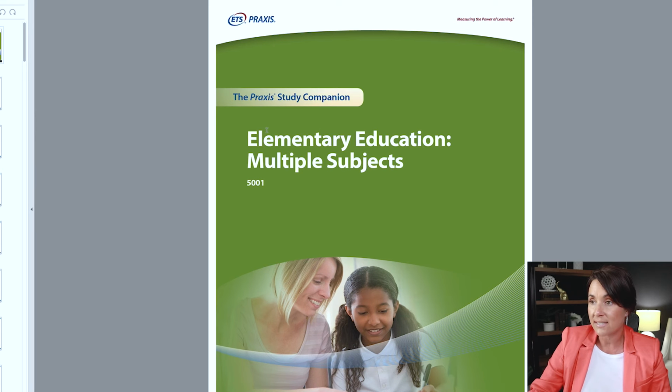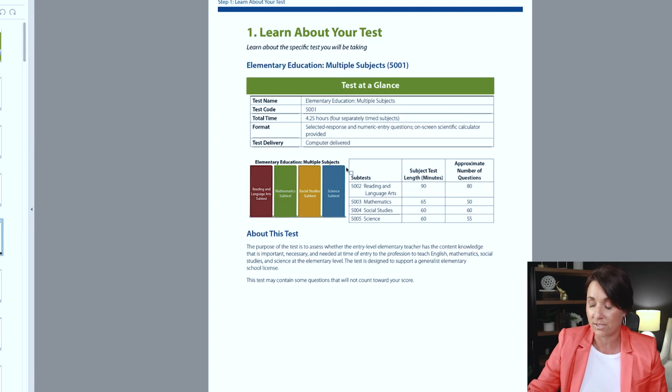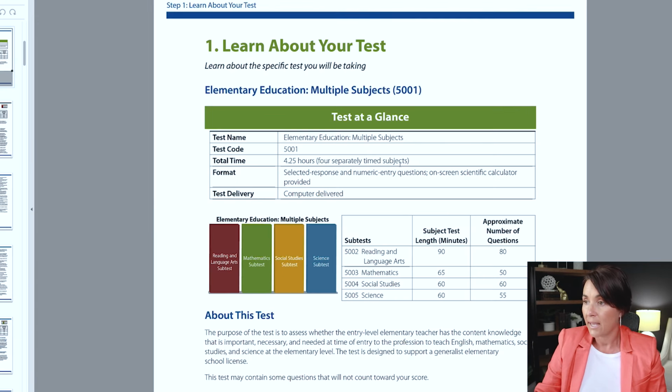So you can see that this is the Praxis Study Companion. 5001 means the entire test, the whole elementary education, multiple subjects. And when we talk about multiple subjects, we're talking about these 4 subtests here. And I mentioned them before. It is reading and language arts, math, social science, and science.